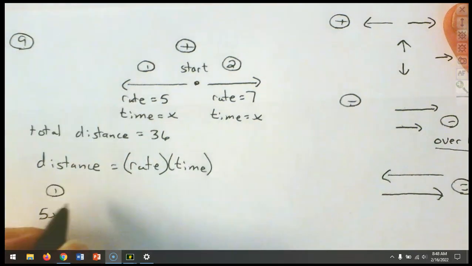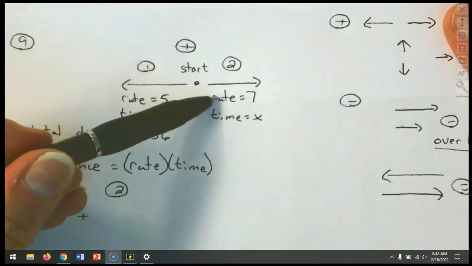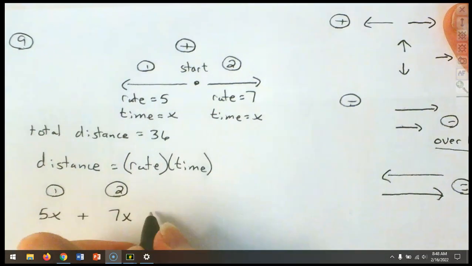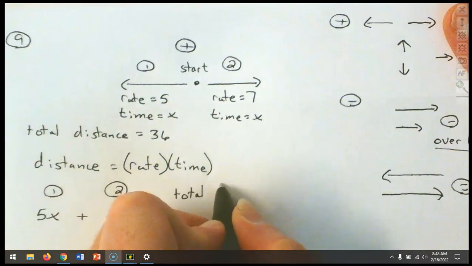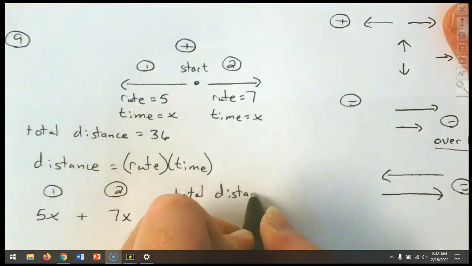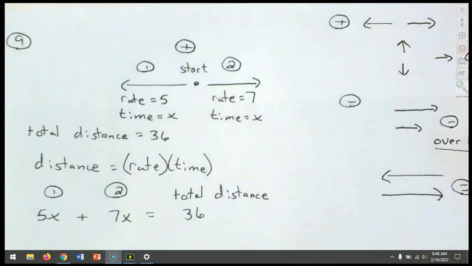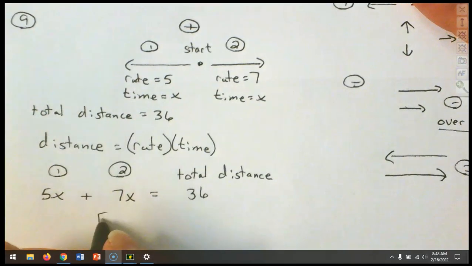We're going to then add that to the second one, which is 7x. And what does it equal? Yep, total distance, $36. Okay. And so you can finish it from here.